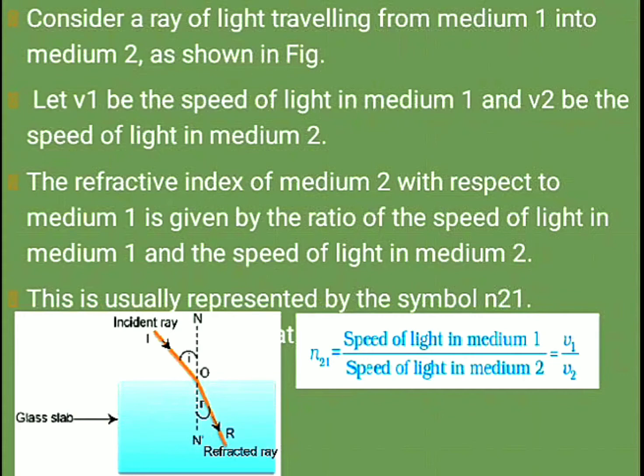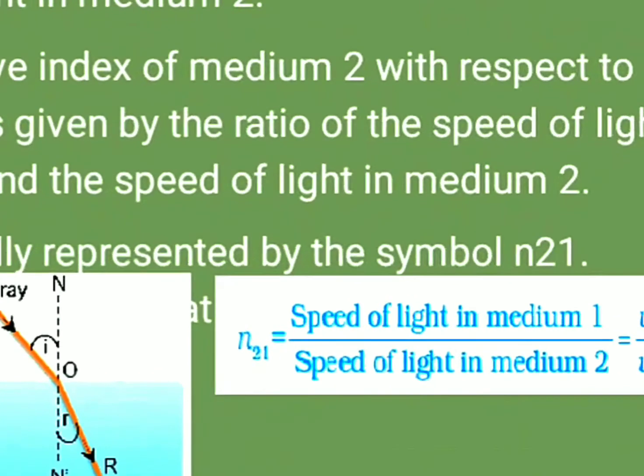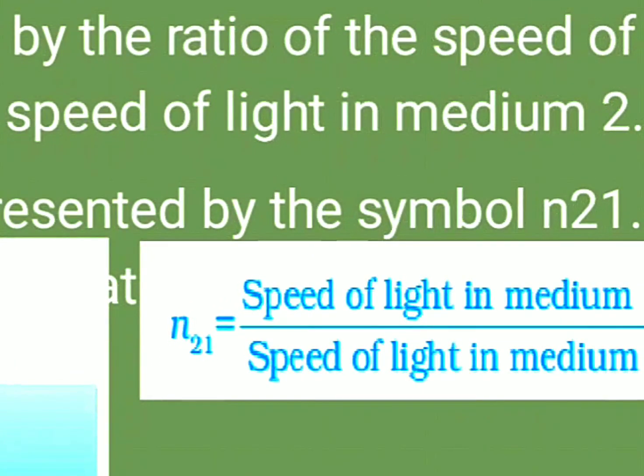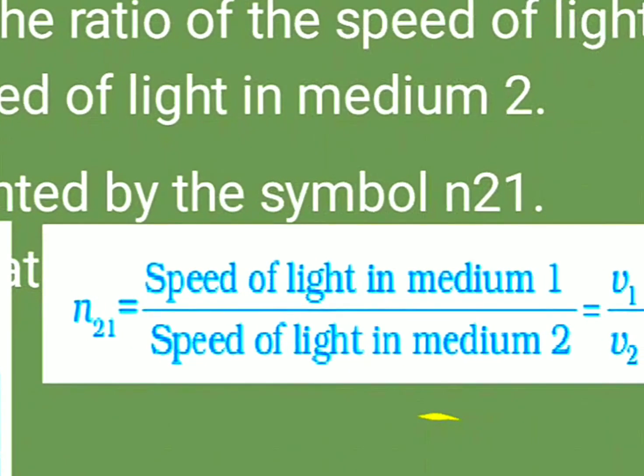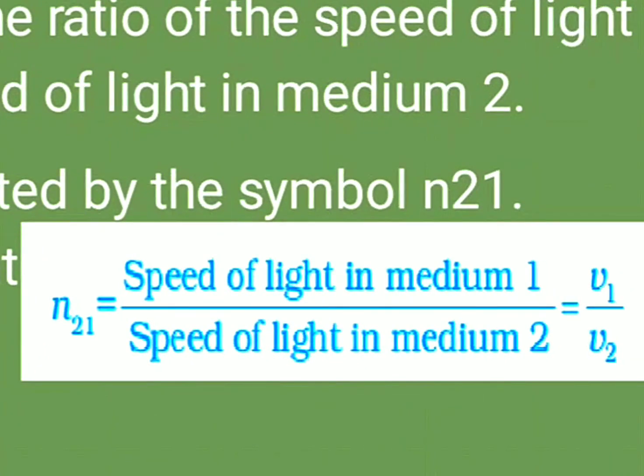Now in order to find refractive index of medium 2 with respect to medium 1, we can obtain it by taking a ratio of speed of light in medium 1 upon speed of light in medium 2. This will be the refractive index of medium 2 with respect to 1, denoted by the symbol n21. So n21 is equal to v1 upon v2.